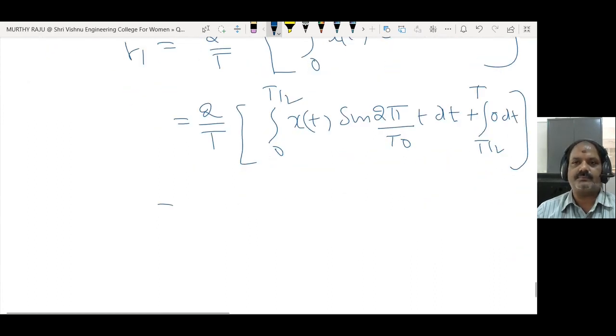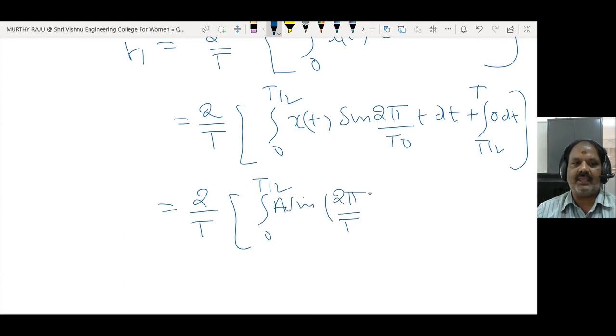That is equal to 2 by T. In the interval 0 to T by 2, x of t is A sine 2 pi by T into t. This is sine 2 pi by T naught into t.